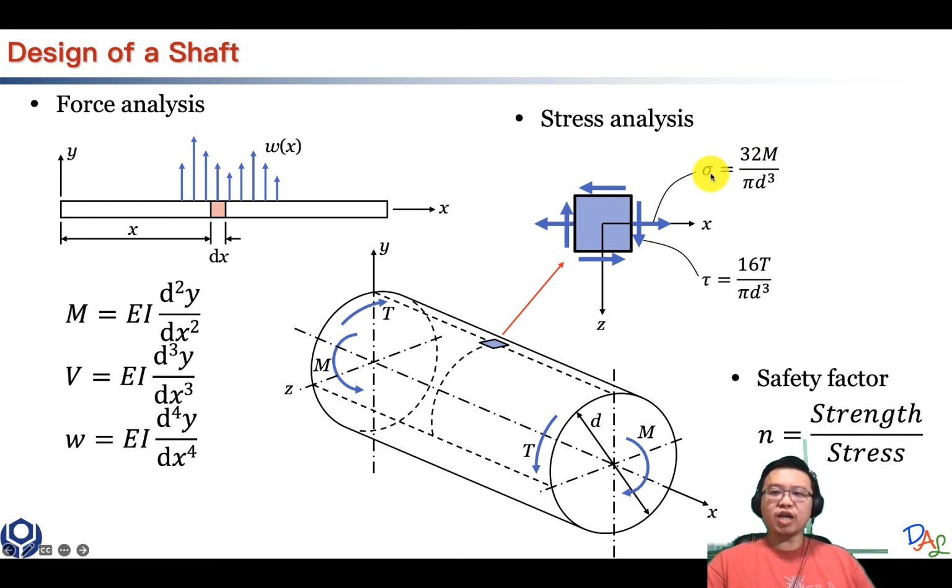From here we would like to know whether this material is under too much load or not. So we need to calculate how much stress and torque we have. But in order to do that, we need to know moment and torque.